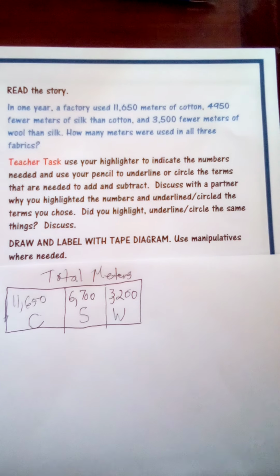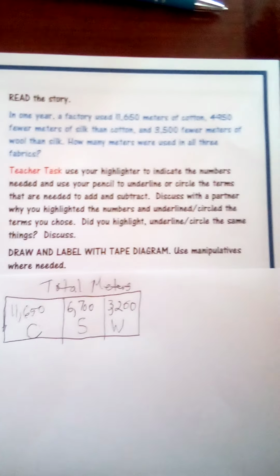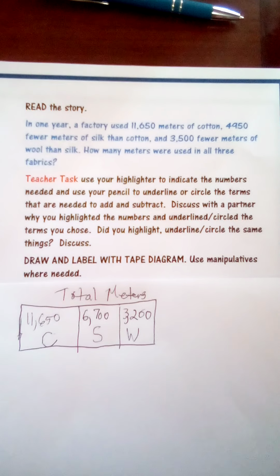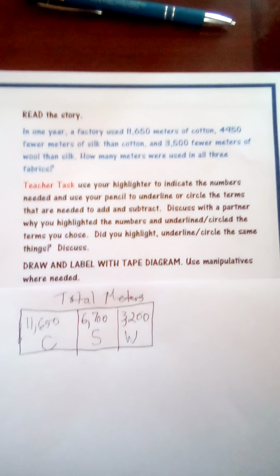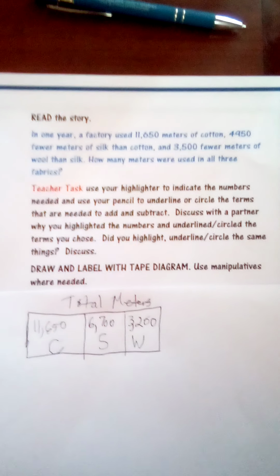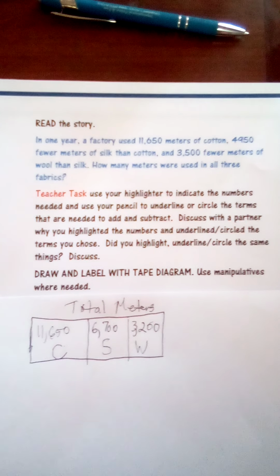We had to do some subtraction first, so that's one of the operations, but it says how many meters were used in all 3 fabrics. Now if you want all 3 together, then you're going to have to add, of course. So we're going to go ahead and show the math here.